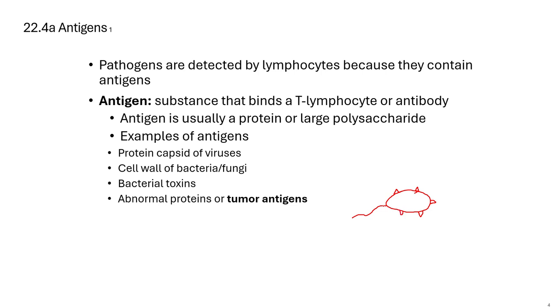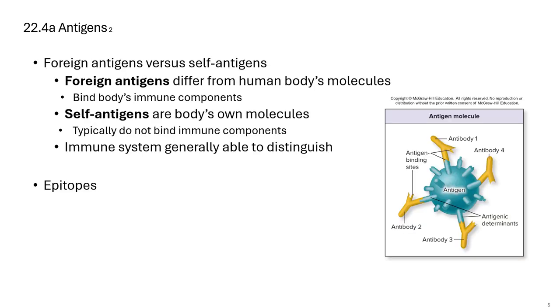So depending on the source you look at, it may just refer to the whole thing as the antigen, but we're going to talk about a specific portion of the bacteria being the antigen. Okay, so we'll talk about foreign antigens primarily, but there's also self-antigens, right? And these are the proteins, the molecules that are on your own body's cells that your immune system recognizes as being normal, right?